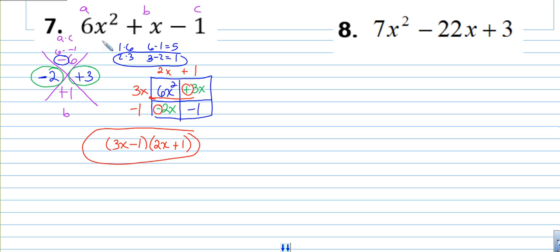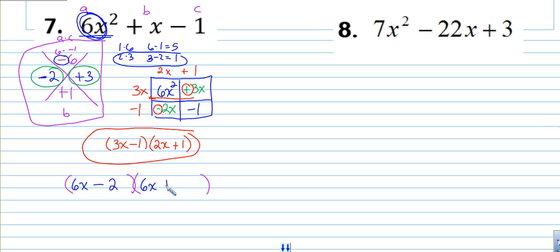So once you've done that, an alternate method for you to do is write parentheses, okay? And you'll write the A number and an x, the A number and an x. So you take this number and just the x. So you just write this part right here in the front, and then you use your two factors that you found.